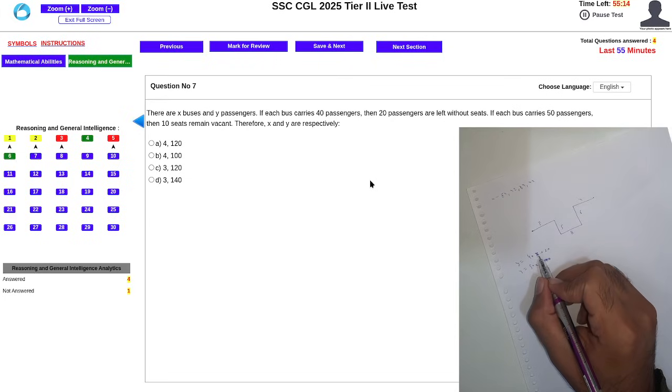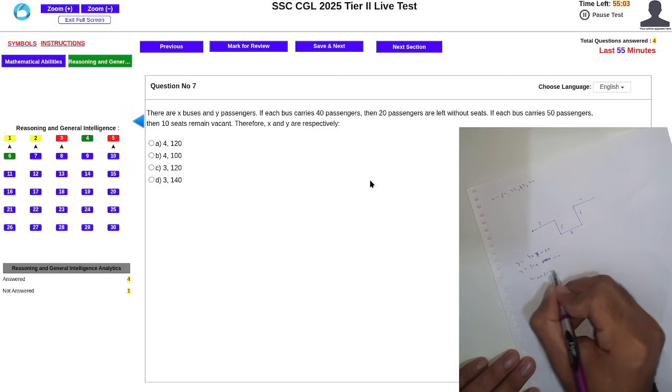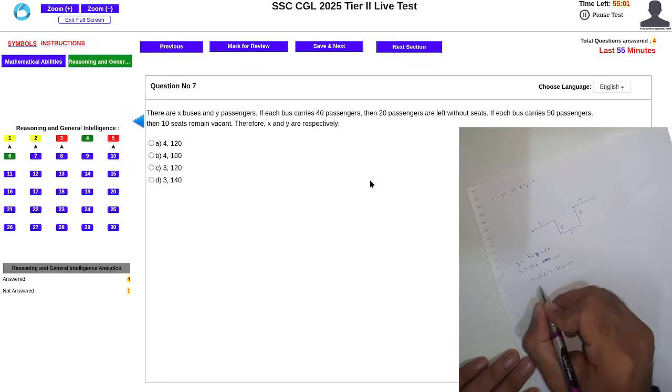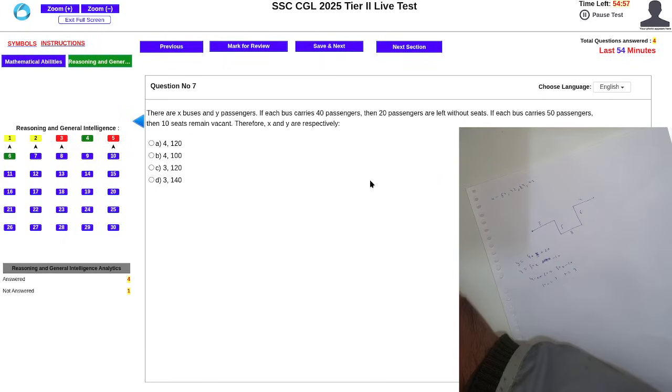Each bus carries 50 passengers, minus 10. So 40x plus 20 equals 50x minus 10. 10x equals 30, x equals 3, so 140.